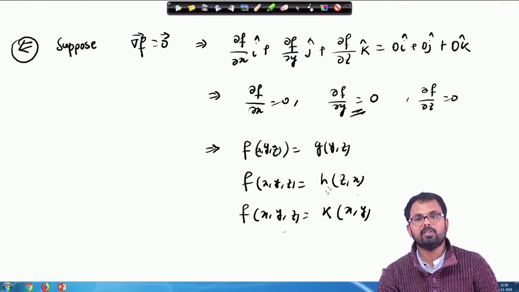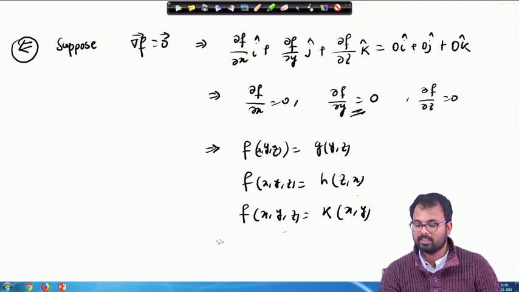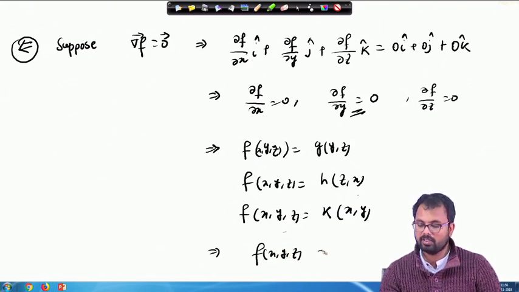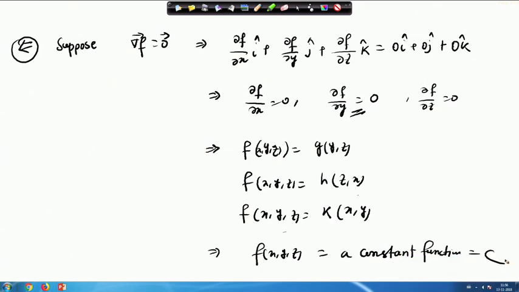So, the only possibility for f(x, y, z) to exist is that it has to be a constant. So, that means a constant function, equal to c. Unless f is constant, these 3 possibilities cannot happen.